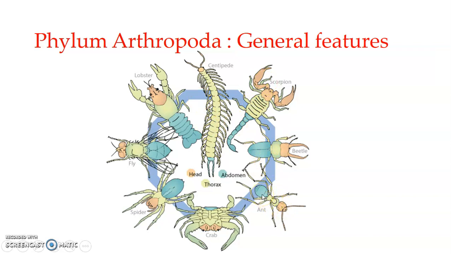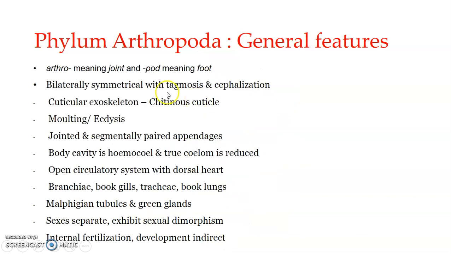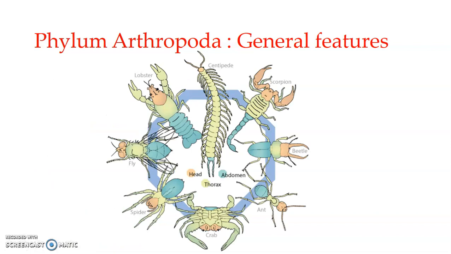This division of the body into head, thorax and abdomen is known as tagmosis, and each of these regions is referred to as a tagma. So the division of the body into 3 definite regions is known as tagmosis. But in some organisms, the head and the thorax are fused together to form the cephalothorax.